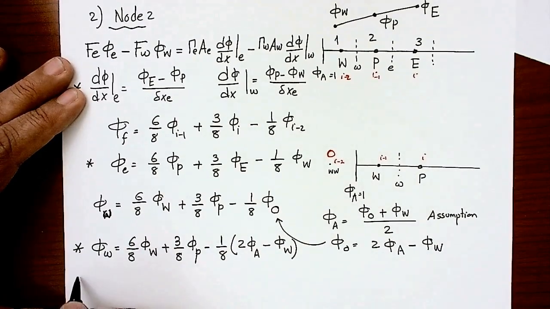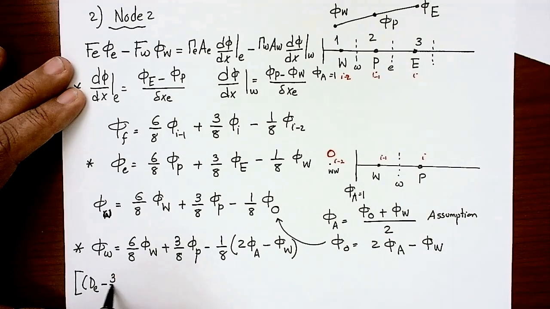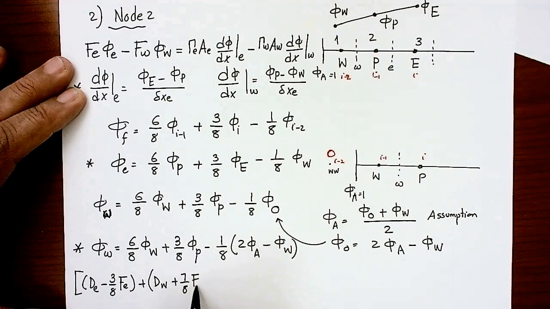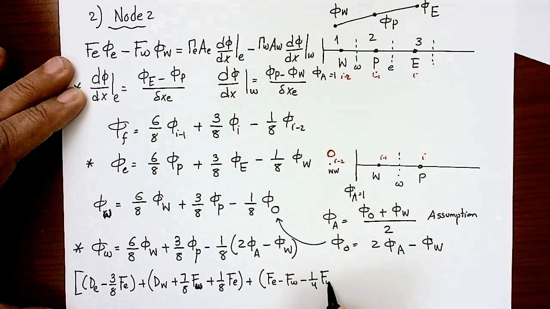You will get dE minus 3 over 8 fE plus dw plus 7 over 8 fw, these are w small, e small, plus 1 over 8 f east plus f east minus fw minus 1 over 4 f west.